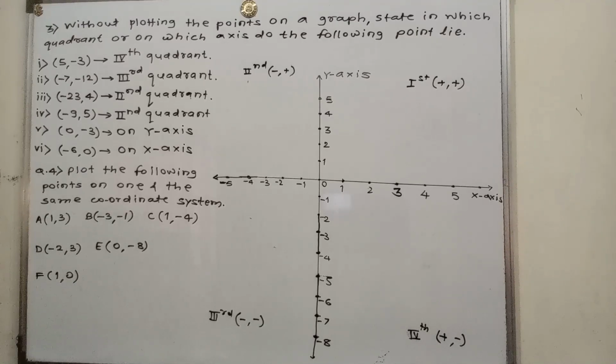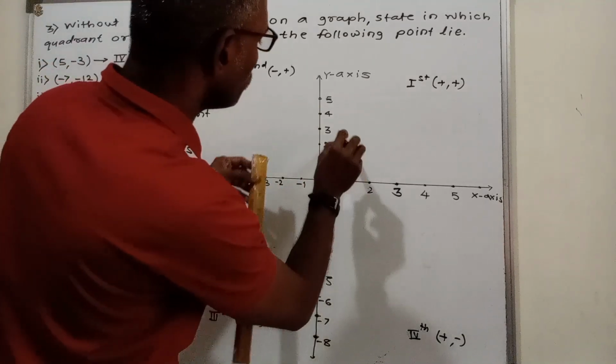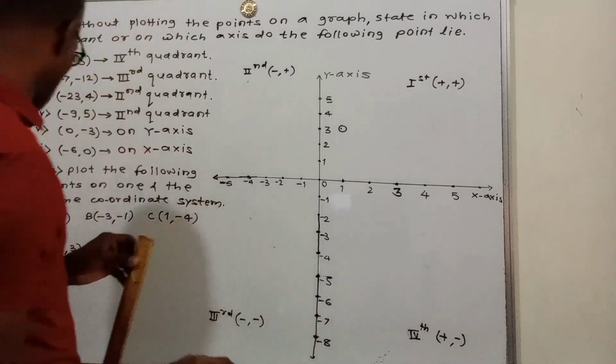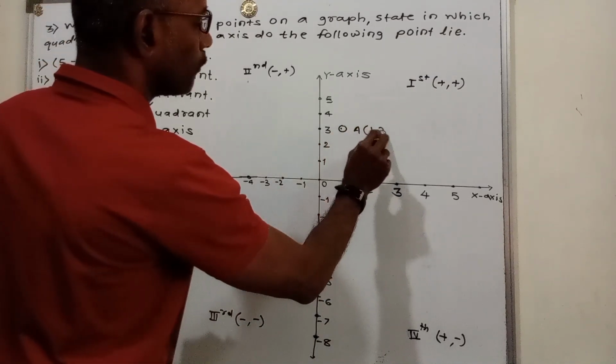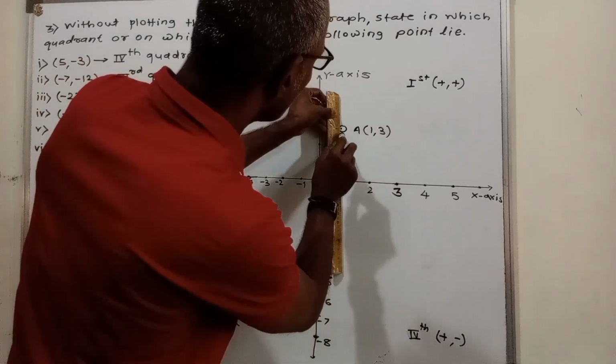Did you get it? Now see this carefully. 1 comma 3 means here. What is the name? A, 1 comma 3. So this way.